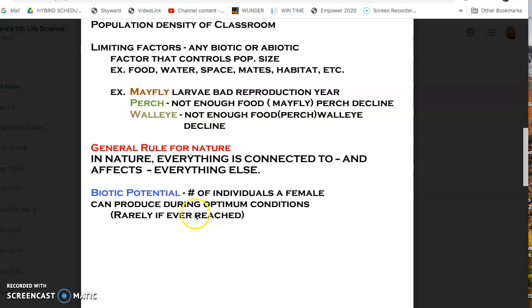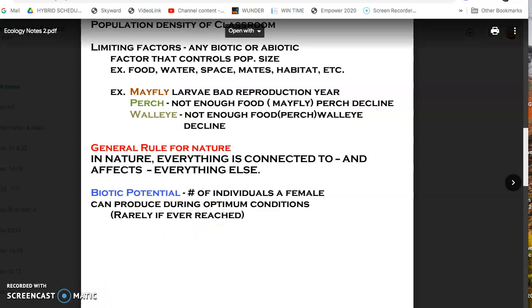Each year after that, it typically produces 2 if the organism is healthy, if its biotic potential is up. If there's enough food for the mother to feed herself and support the offspring, then she will typically have two.